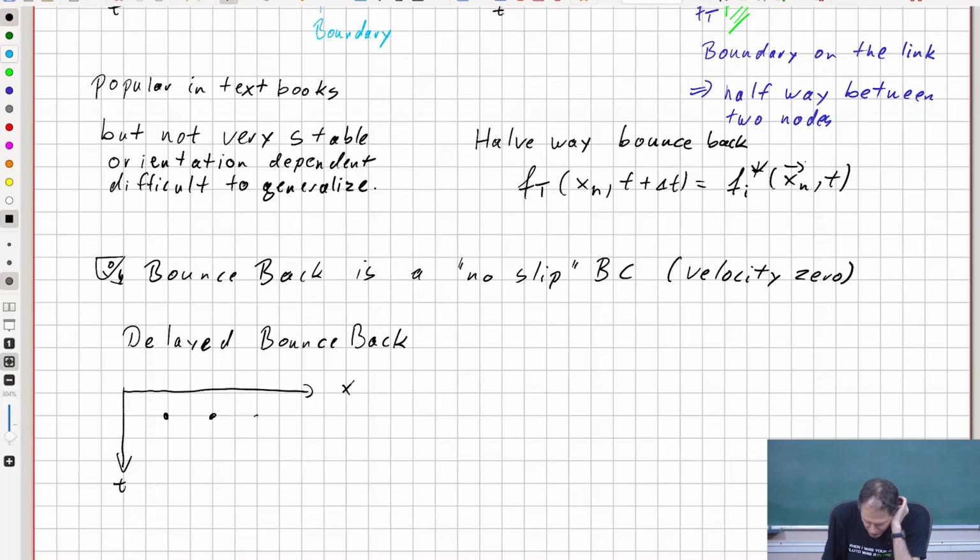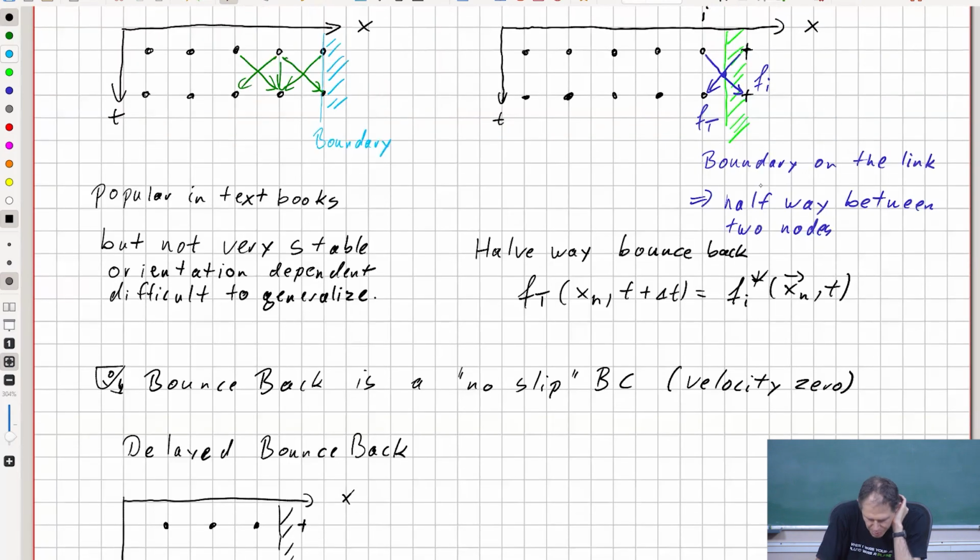These are our nodes, and here's our wall. So in this bounce back, maybe I draw this in this way, this comes back at the same time step. So it just at the next time step is already coming back.